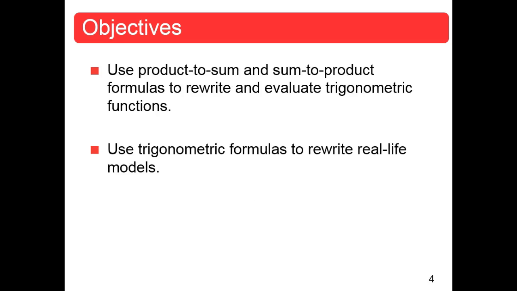We'll use product to sum and sum to product formulas to rewrite and evaluate trigonometric functions, and we'll use some of those formulas to rewrite real-life models, okay? Which hopefully means actually solving some equations, not just rewriting formulas, okay?